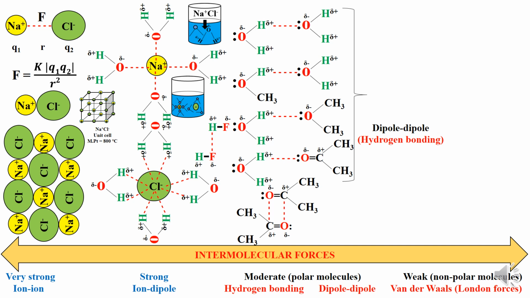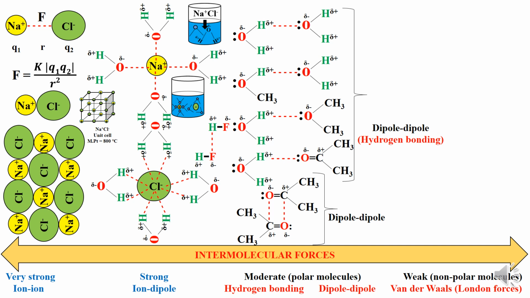So what about the interaction between two acetone molecules? The interaction between two acetone molecules is a pure example of dipole-dipole interaction. Here, nowhere do you find the participation of a hydrogen atom in the interaction, and therefore it is not hydrogen bonding. Hydrogen bonding involves the active participation of a hydrogen atom that is covalently bonded to an oxygen atom.